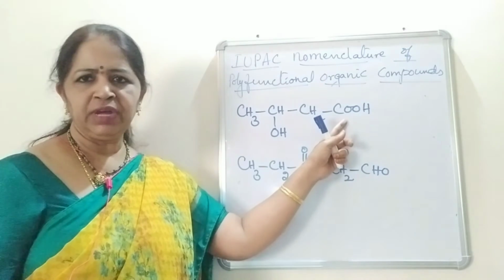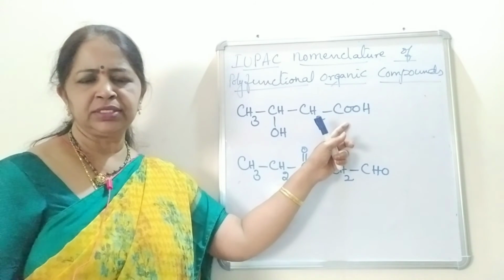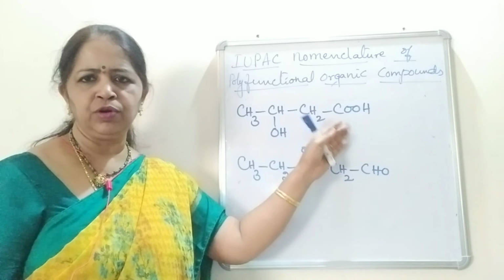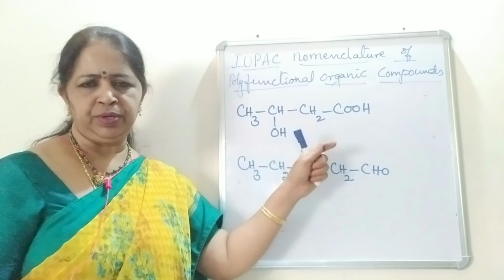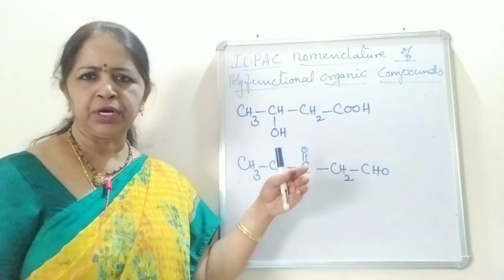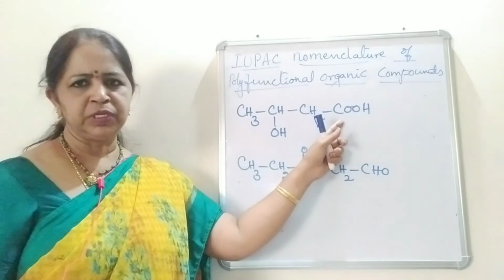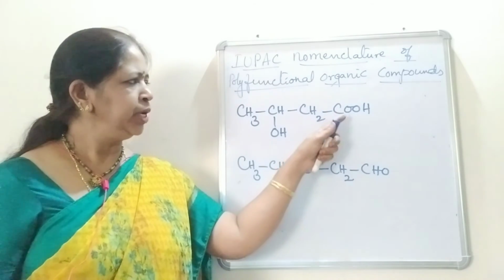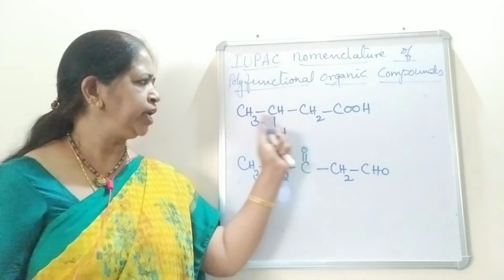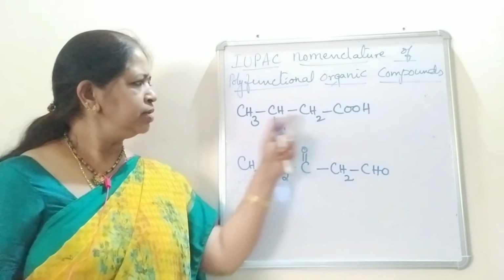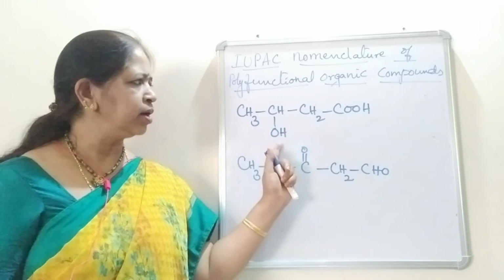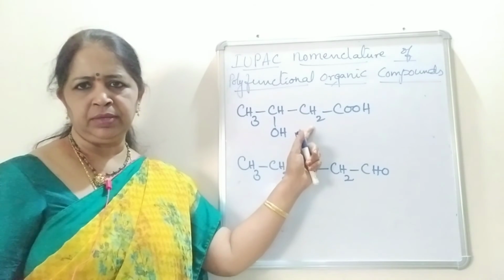Carboxylic group will be given the first priority because the carboxylic acid group is the topmost priority group. Whatever may be the other functional groups, this will be given the topmost priority. So, we have to number from right to left 1, 2, 3, 4. It is 3-hydroxybutanoic acid.